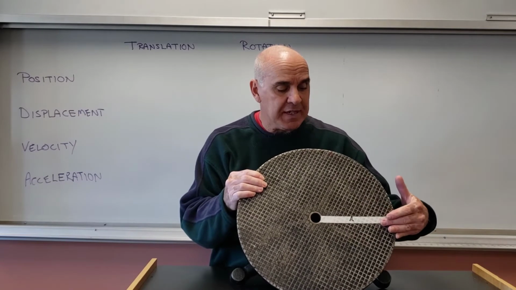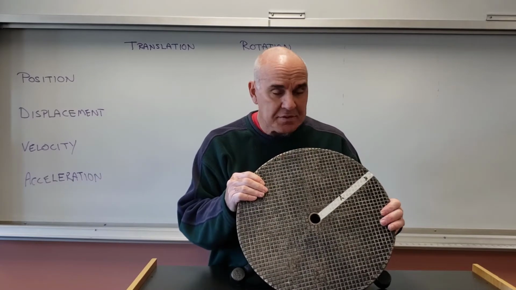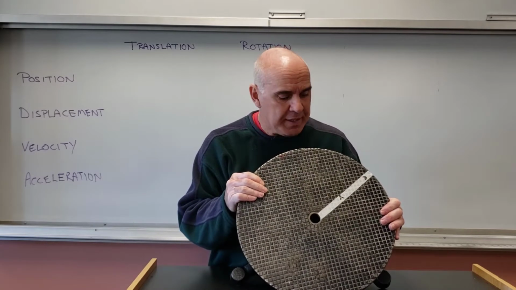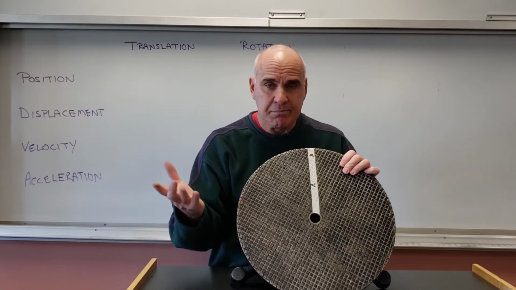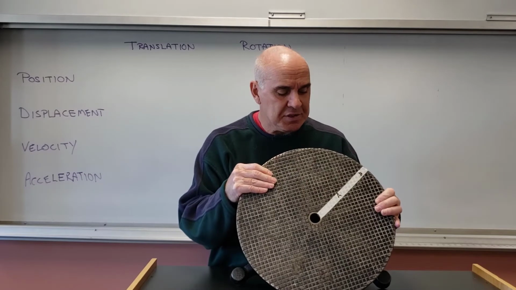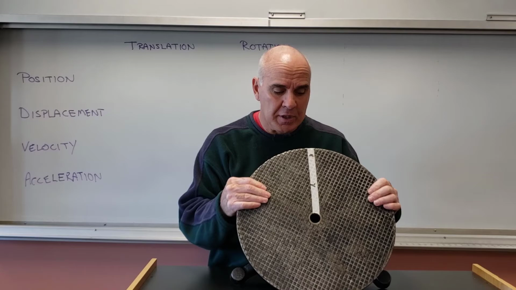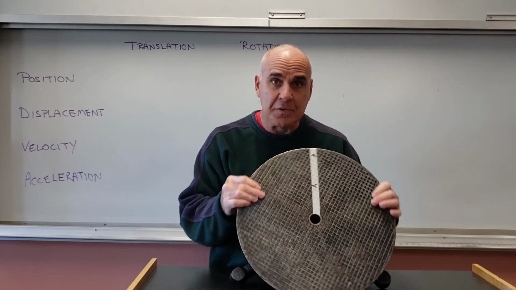I've called it the positive x-axis, but it doesn't really matter. If I start here and I consider that 0 degrees or 0 radians, and then I rotate through here, I've gone through 45 degrees, ballpark, or pi over 4 radians. So my position here is 0, my position here is pi over 4, my position here is pi over 2. Those are angular positions.